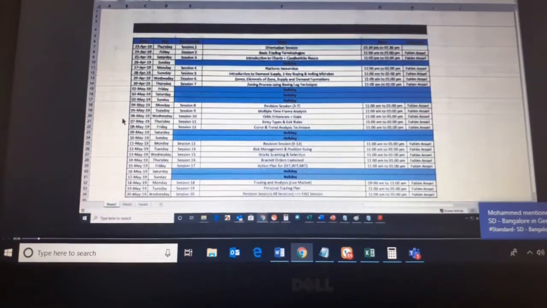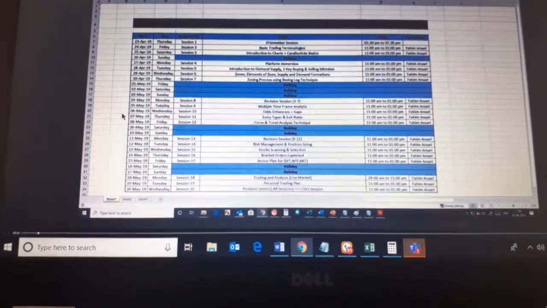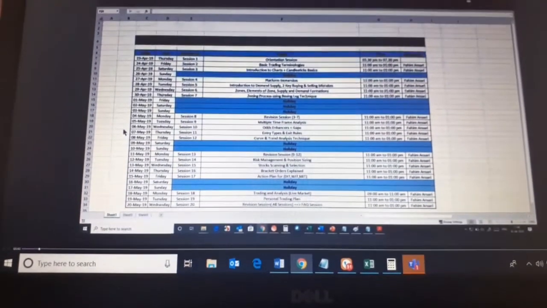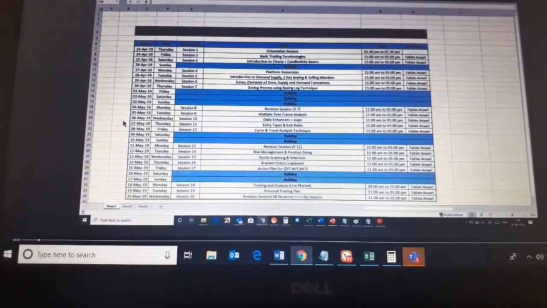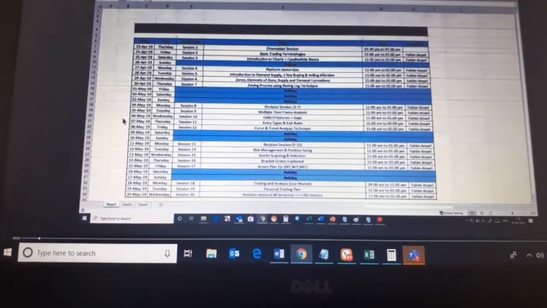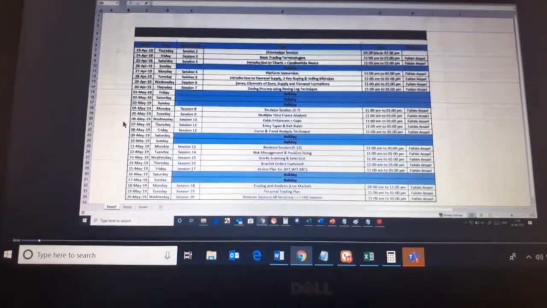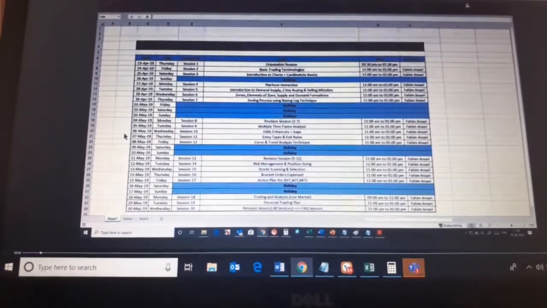Which is the reversal pattern? Rally base drop is your reversal pattern. Why? Because the prices were coming up, then they based and they started to go in the reverse direction. That's why it's called a reversal pattern.